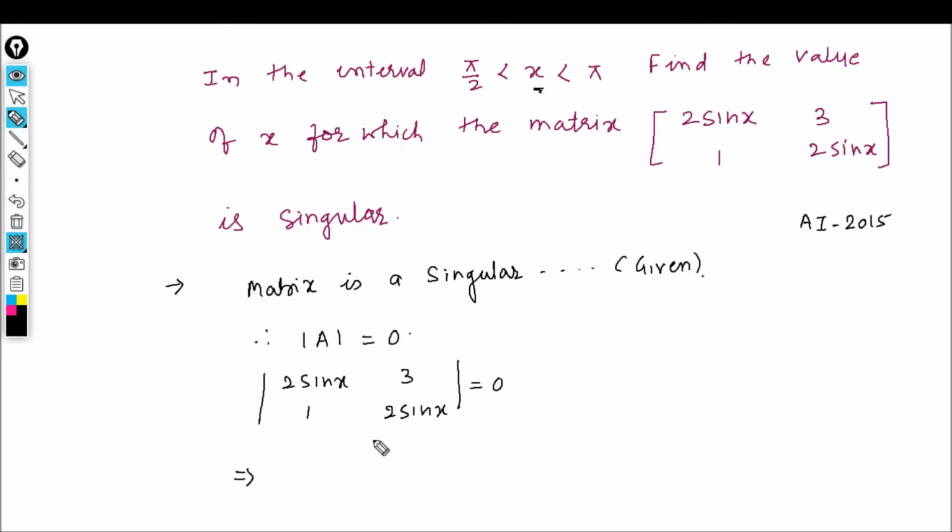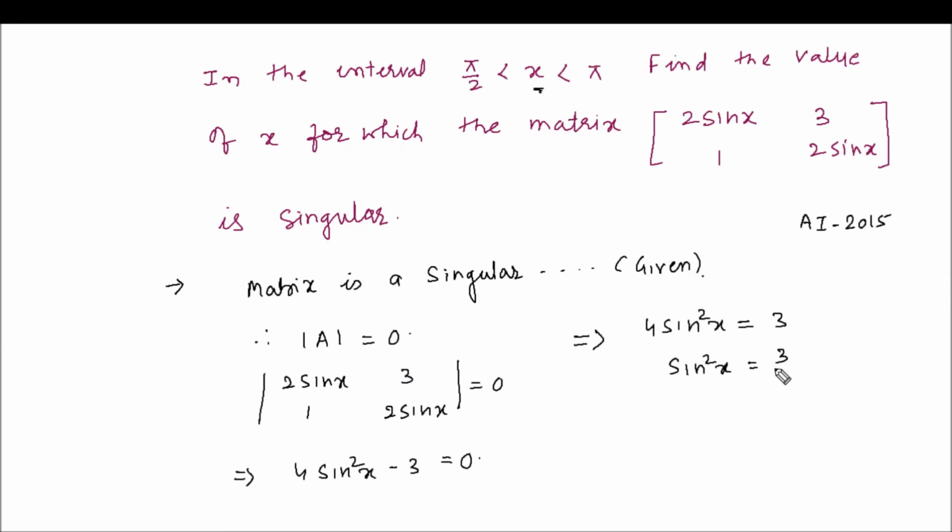So this implies, इसको सॉल्व करते हैं बच्चों, 4 sin square x minus 3 is equal to 0. This implies 4 sin square x is equal to 3. Sin square x is equal to 3 upon 4.